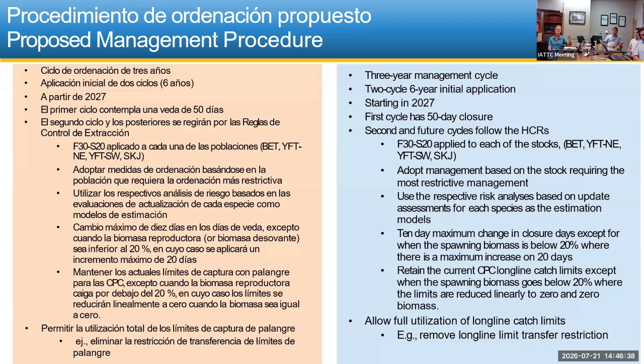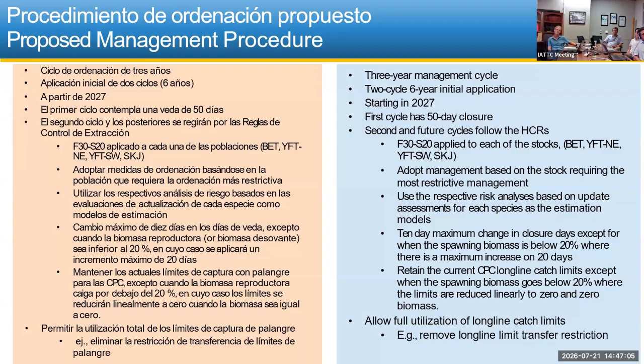It would have a 10-day maximum change in closure days, except for when the spawning biomass is below 20%, where there'd be a maximum increase of possibly 20 days. And we would retain the current CPC longline catch limits, except for when the spawning biomass goes below 20%, as illustrated in that figure.